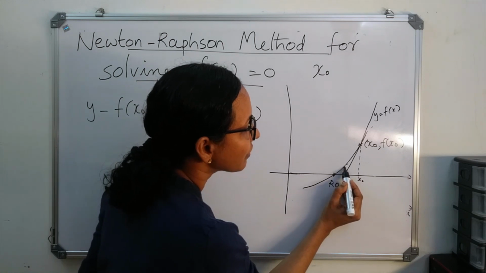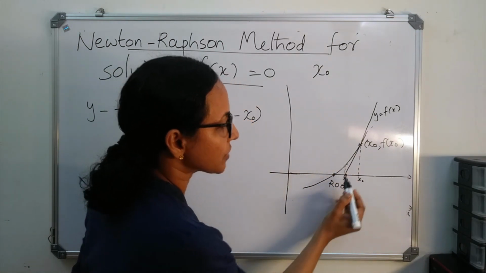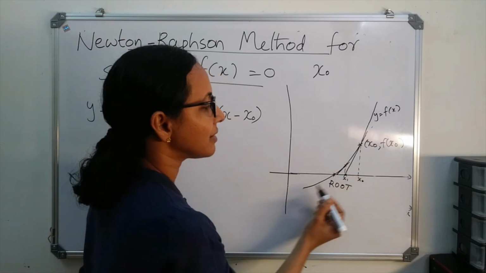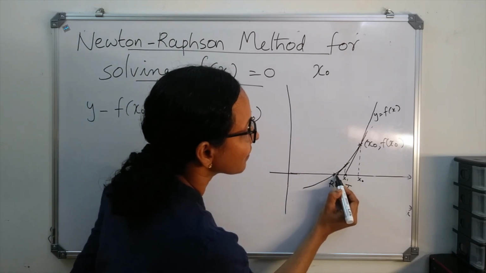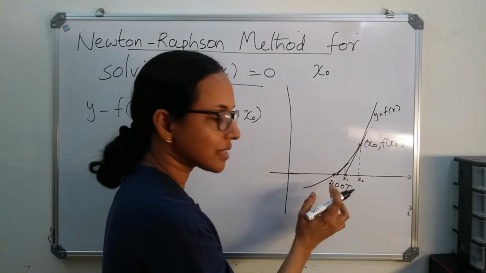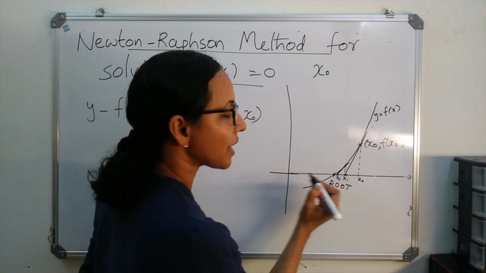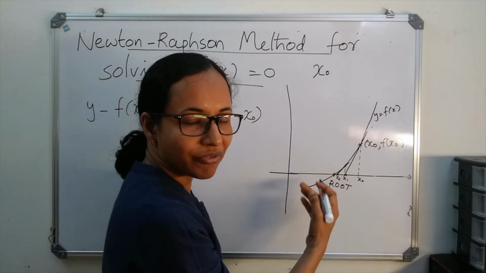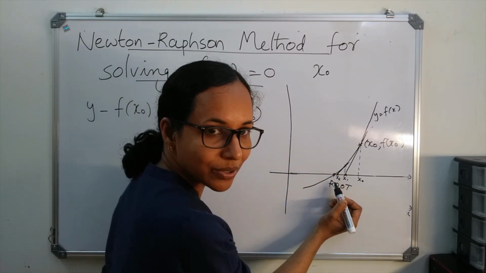Now we mark the point x1, f of x1, and at this point we draw a tangent again. The point at which the tangent meets the x-axis is taken as the next approximation. Let it be x2. Like this, after a finite number of steps, we will reach the real root.